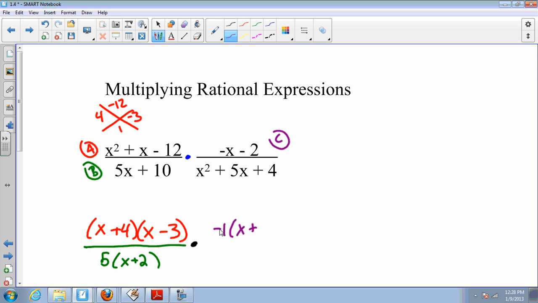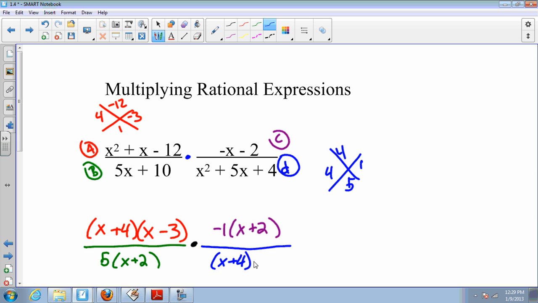You're left with x plus 2. And section D, what multiplies to 4 and adds to 5? That would be 4 and 1. So x plus 4 times x plus 1.